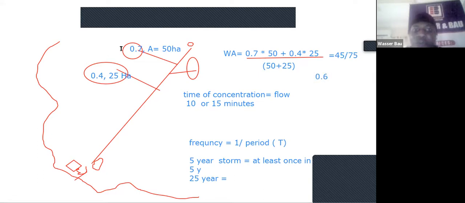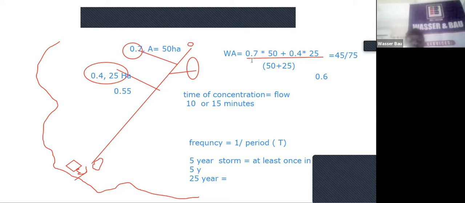But if I ask you to find the average of these two mean coefficients, let me see what I'll get. I'll get 0.7 plus 0.4 divided by 2. I'm getting 0.55. So the question is, which one is more accurate? I can tell you 0.6 is more accurate because it's taking into account the weight of each catchment.